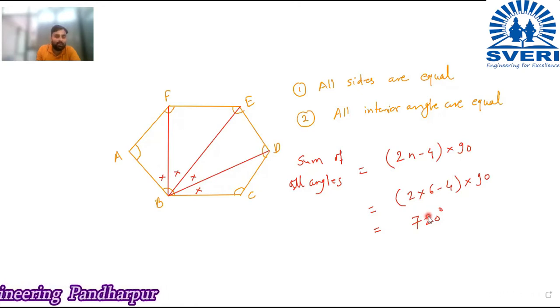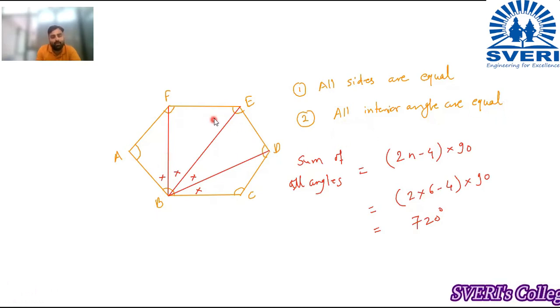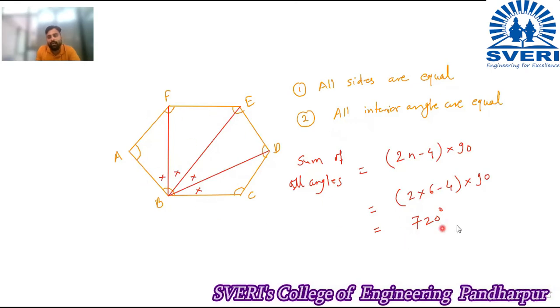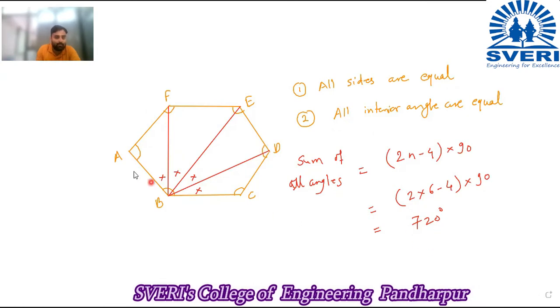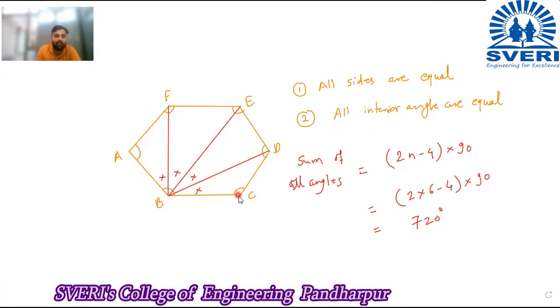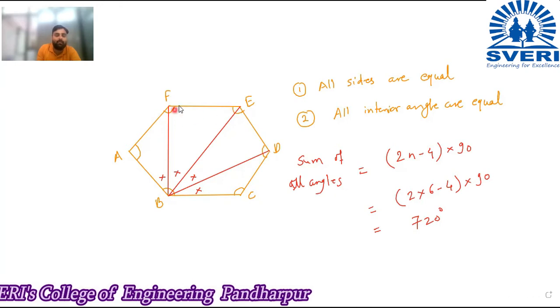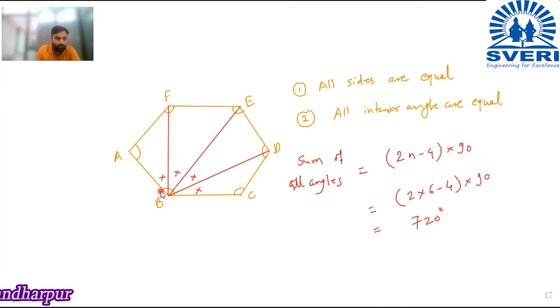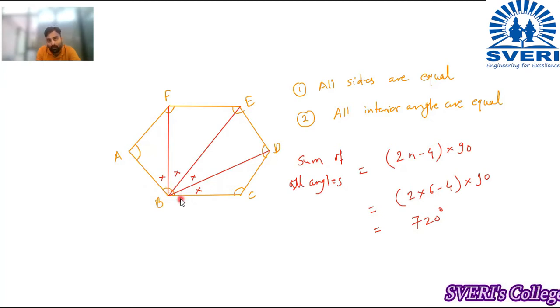Now once I know the sum and I also know that all interior angles are equal, I can find out each angle. The total sum is 720. How many angles are there? 1, 2, 3, 4, 5, 6. So if I divide 720 by 6, I will get each interior angle, and it is 120 degrees. Now this angle B is also 120 degrees.